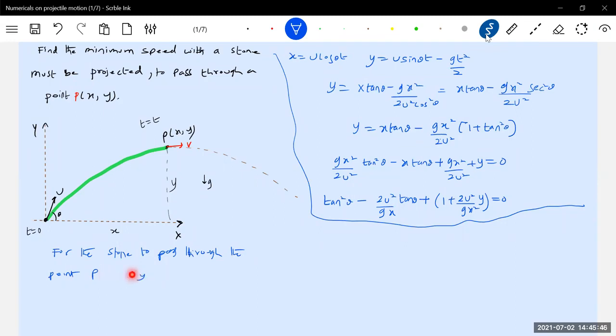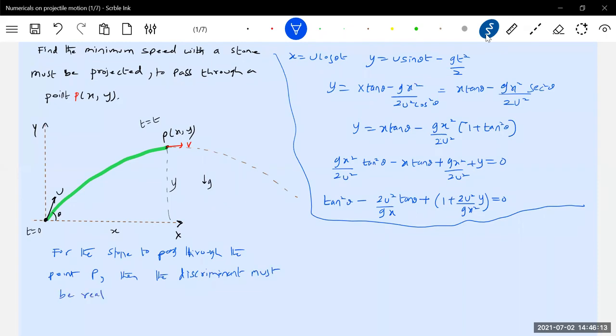It's understood, no? Then the quadratic equation we have, the discriminant must be real.